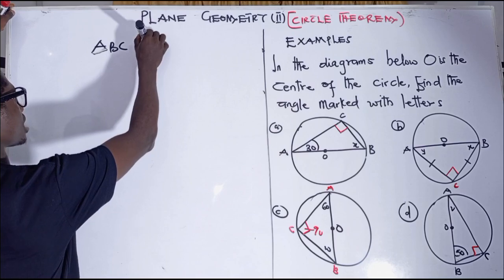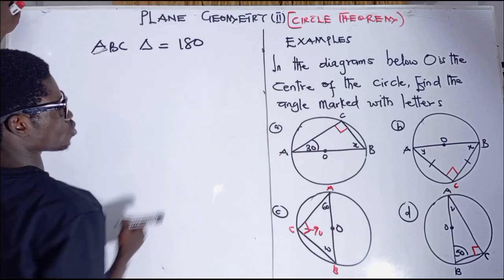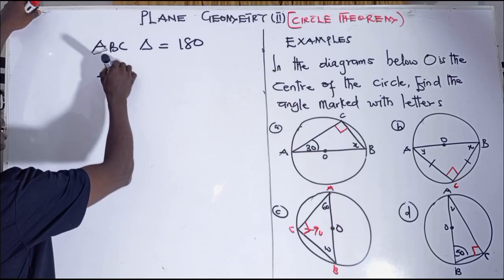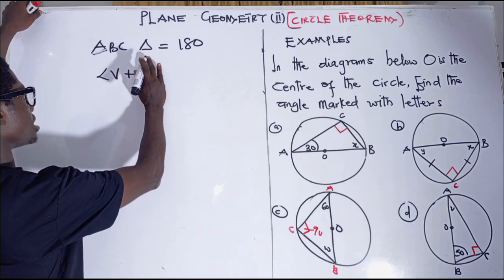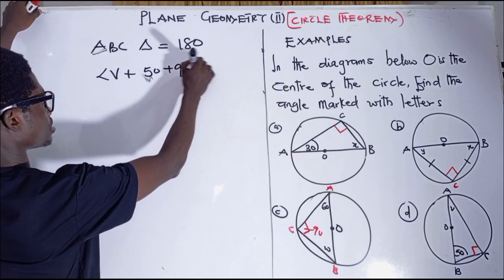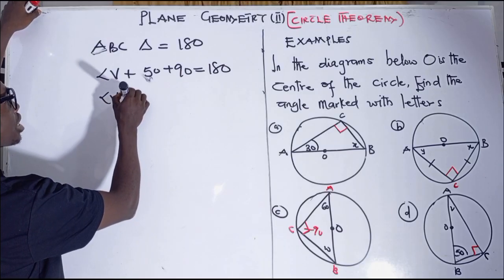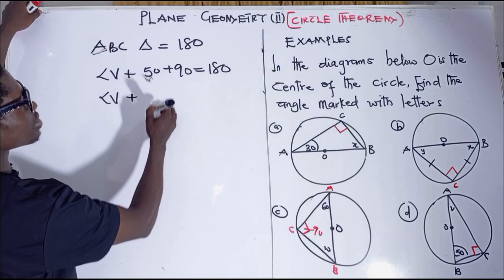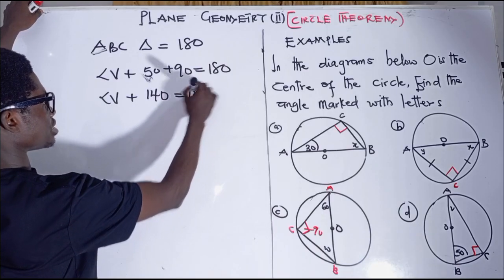ABC is a triangle. And the sum of interior angles of a triangle is equal to 180. So you can say that angle V plus 50 degrees, let me write it like this, 50 degrees plus 90 degrees gives us 180 degrees. So we have our angle V plus 140 is equal to 180 degrees.